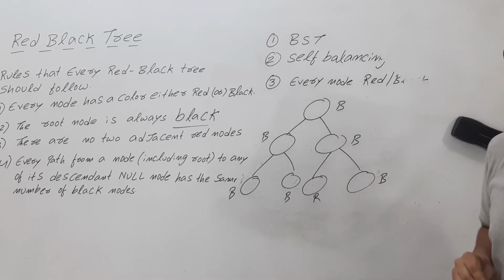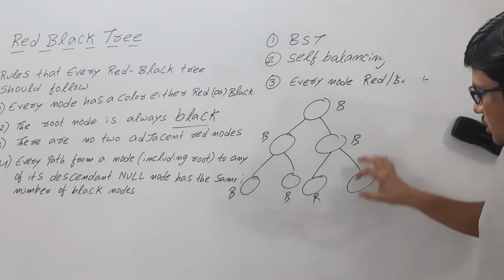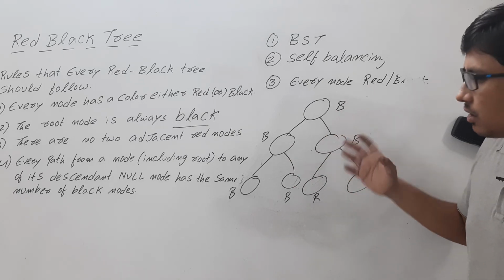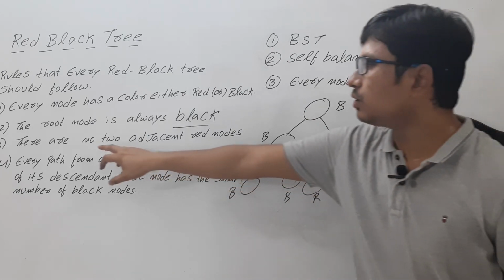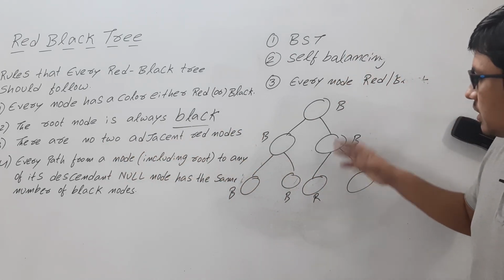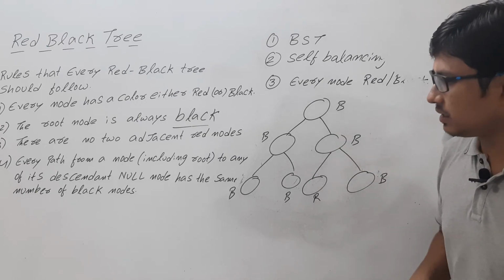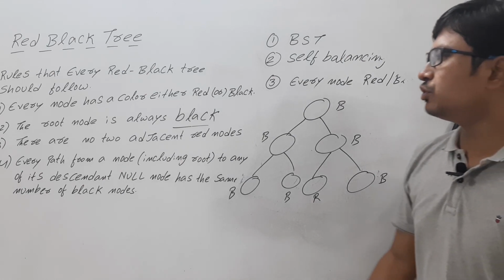Let's see each property. Every node has either color red or black. Each one I have represented with a red color or black color. The root node is always black. There are no two adjacent red nodes. If you look, only one red node is there, so there are no two adjacent red nodes. Now we need to look at the fourth property. What is the fourth property?